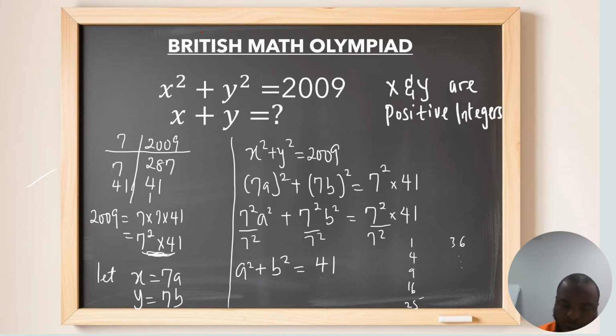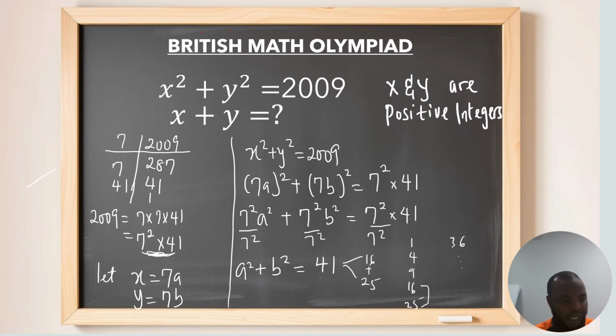Which sum of these perfect squares is going to give us 41? If you have a very good look at it, you can see that 16 and 25 is the same as 41. That is, 41 is the same thing as 16 plus 25. So we are interested in that.